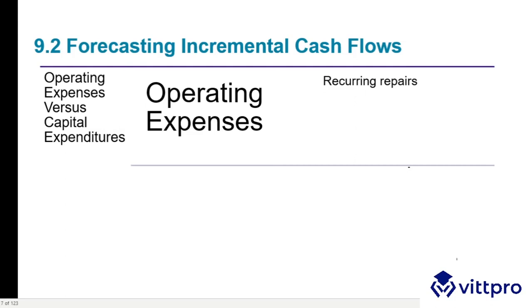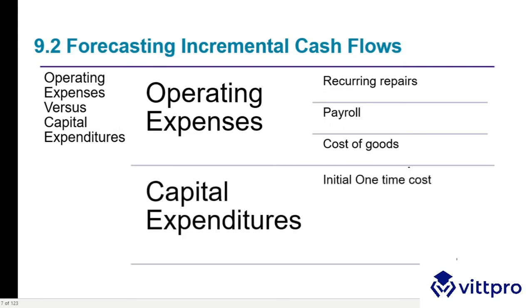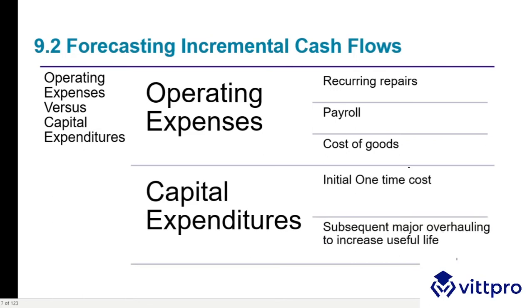For example, recurring repairs, your payroll, your cost of goods sold, those are your operating expense. And you have capital expenditure, which is your initial one-time cost, your setup cost, your development cost, and also the future overhauling, the re-capex, right? Those are the two separate things, and you have to separate them out in your cash flow so that you know what is recurring and what is non-recurring.